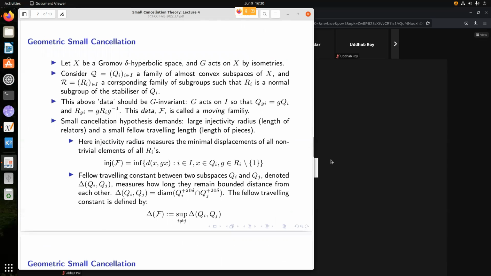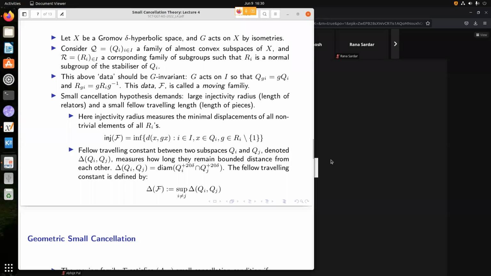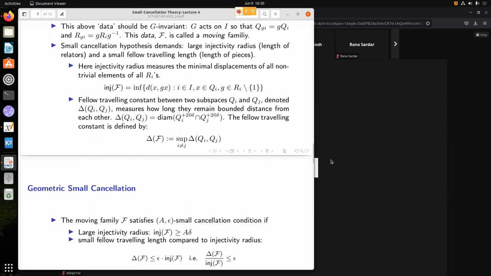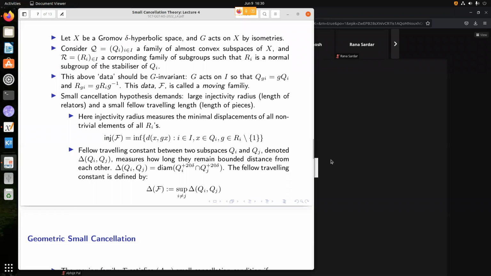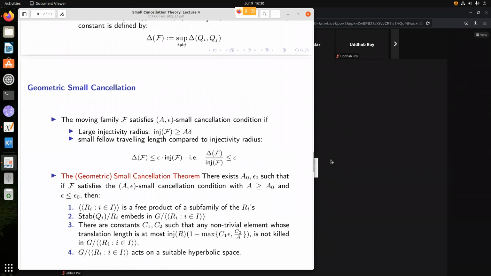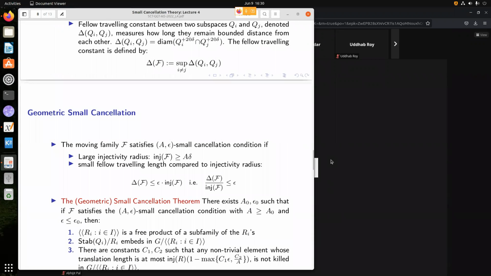Then we saw geometric small cancellation, a big scale generalization of the small cancellation ideas to a much wider context. And the theorems in all these contexts are very similar to the classical small cancellation theorem.